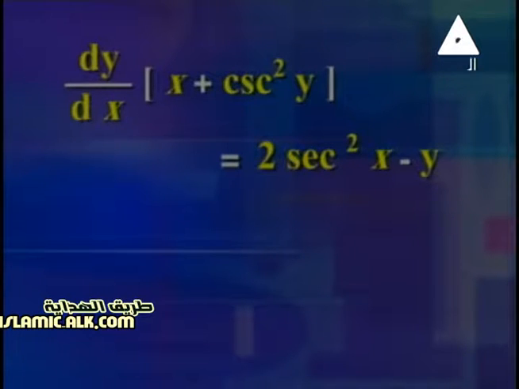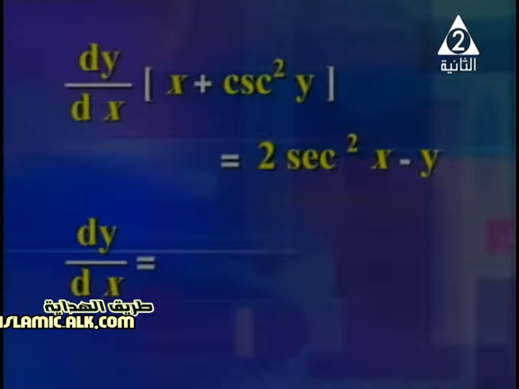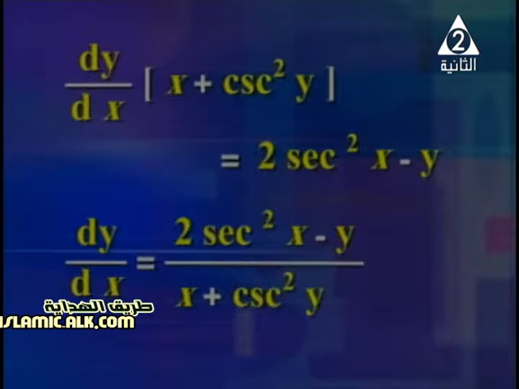Therefore, dear student, we deduce that dy over dx, by highest common factor, multiplied by the bracket containing x plus cosec power 2y equals 2 sec power 2x minus y. After that, we divide each term by x plus cosec power 2y, then dy over dx equals 2 sec power 2x minus y over x plus cosec power 2y.